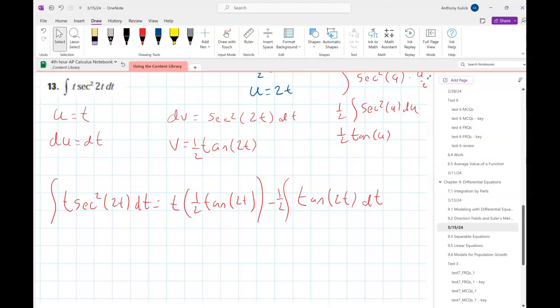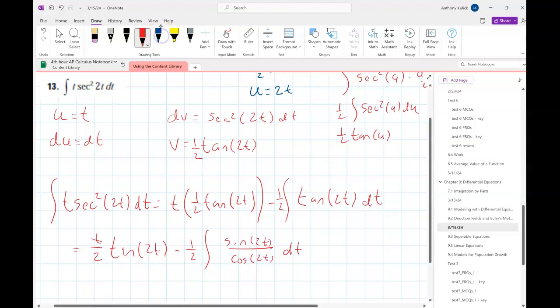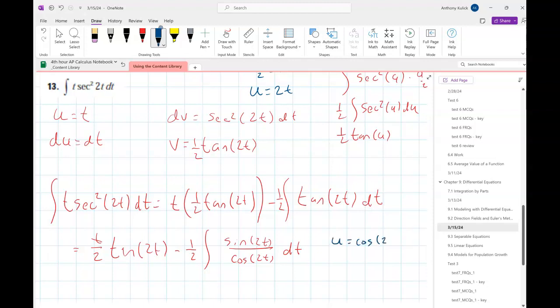No. So what are we going to do there? Okay, so here's the trick. I'm going to use trig to rewrite tangent 2t as sine 2t over cosine 2t. Cool with that, Pierce? Fine.